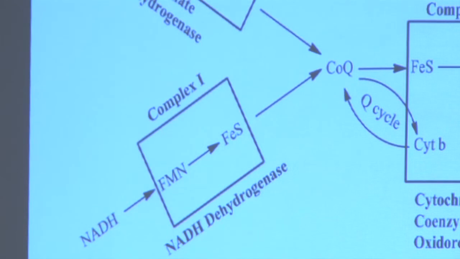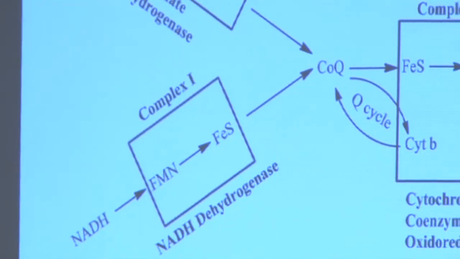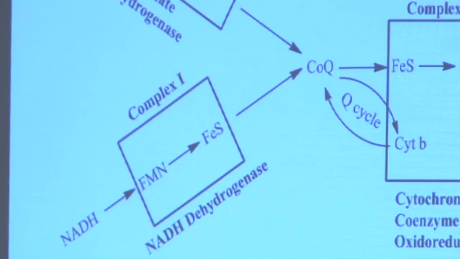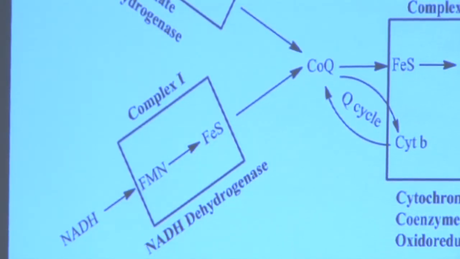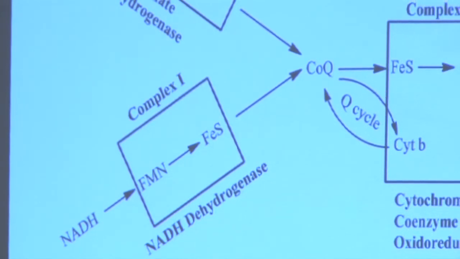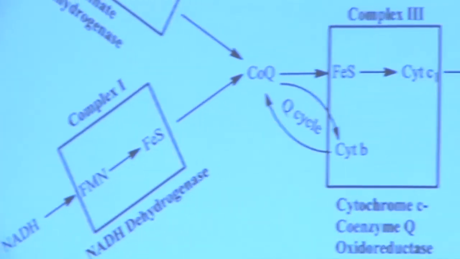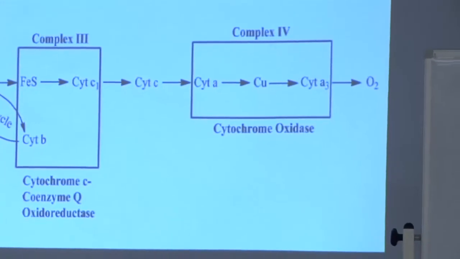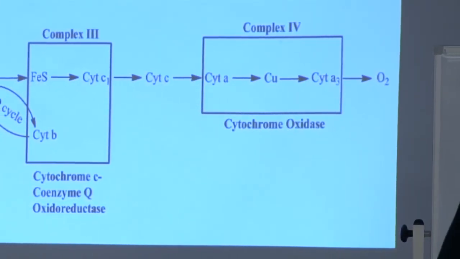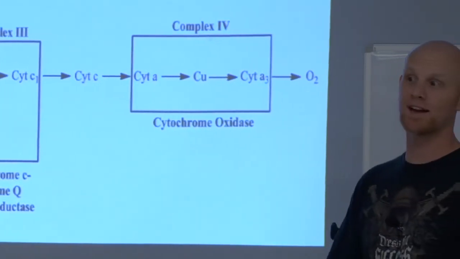Iron goes from +3 to +2, and the cytochromes carry 1 electron at a time, because it's just Fe3+ versus Fe2+. It's the iron at the center of the cytochrome that is actually getting oxidized and reduced. So when you see a cytochrome, you should automatically think, oh yeah, 1 electron at a time. When you see copper down here as well, way over in complex 4, it goes from +1 to +2 and will therefore transfer 1 electron at a time as well.